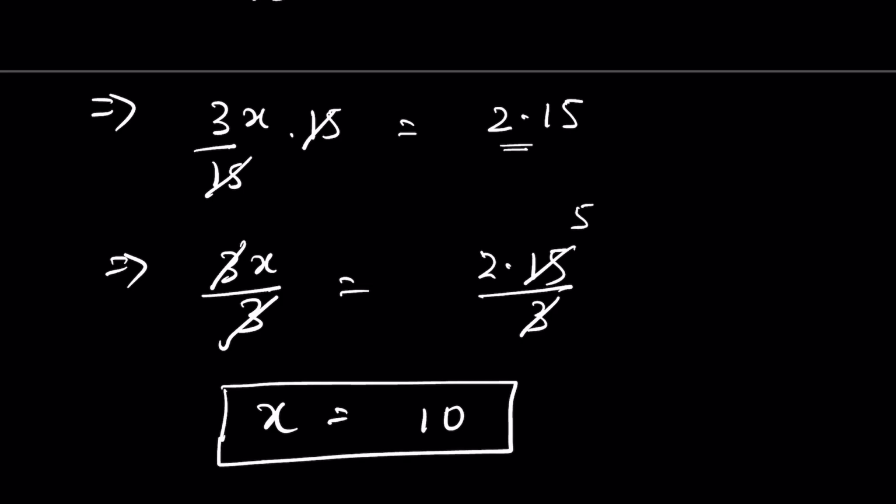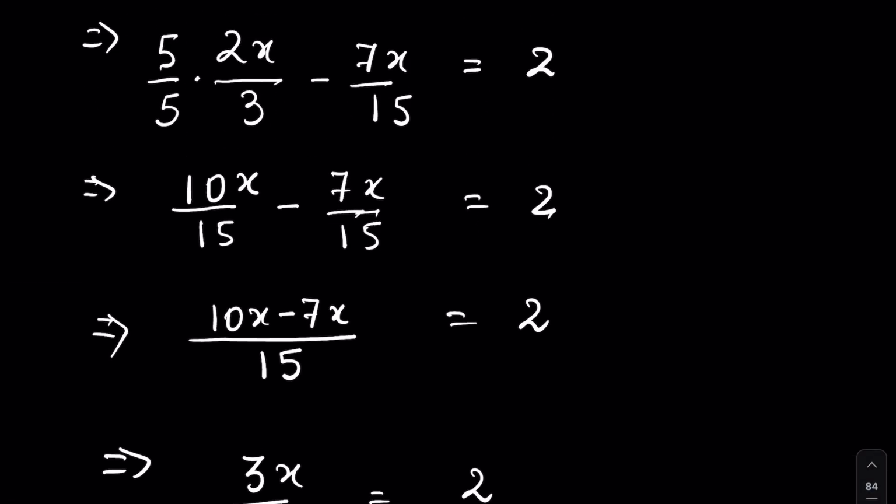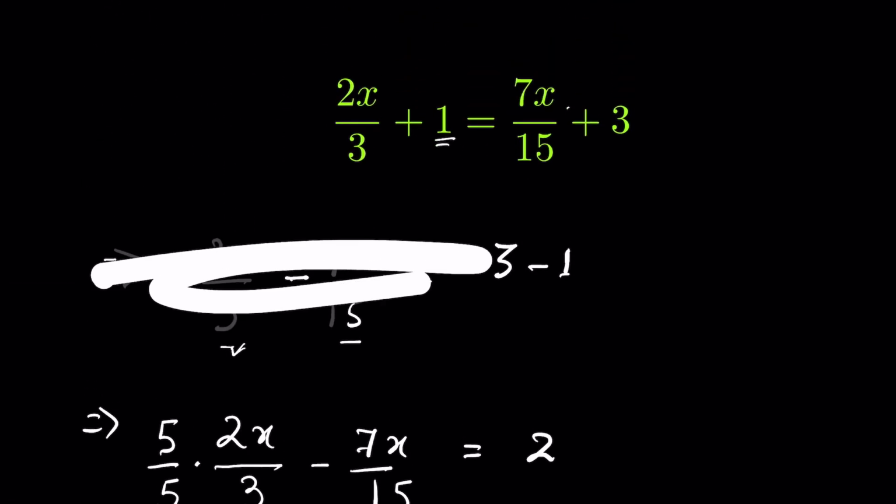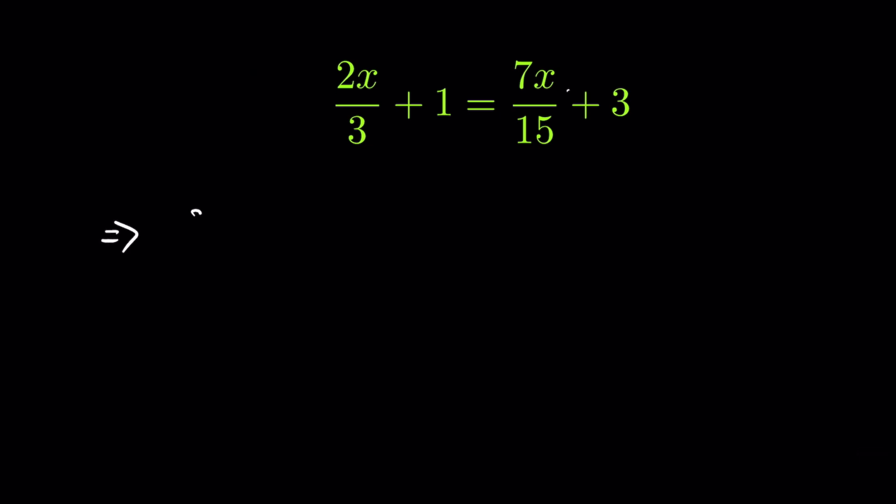So this is one way of finding the value of x. Another way of solving it is making the whole numbers into fractions. Let's check that method. So if we write 2x upon 3 plus 1 upon 1, there won't be any difference. Dividing any number by 1 is not going to change that number. So plus 3 upon 1.